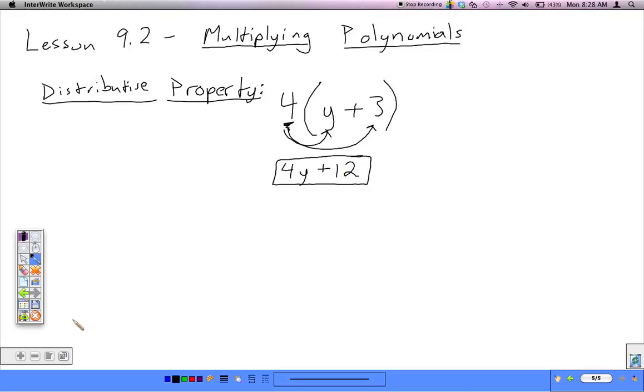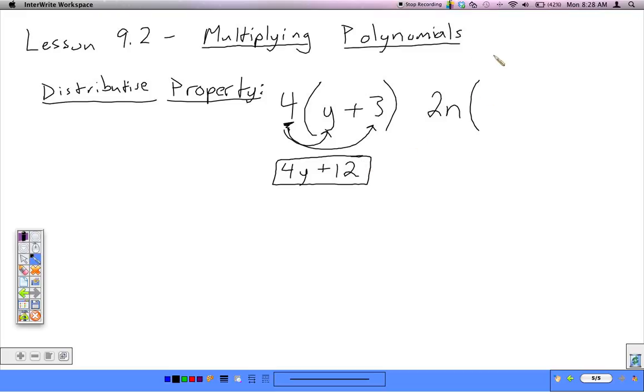Okay? Now another example that you might see on the distributive property would be an example where we maybe have a term outside that has not only a number but also has a variable. So here's my outside term, and let's pretend that it's going to multiply to multiple inside terms, even more than 2.